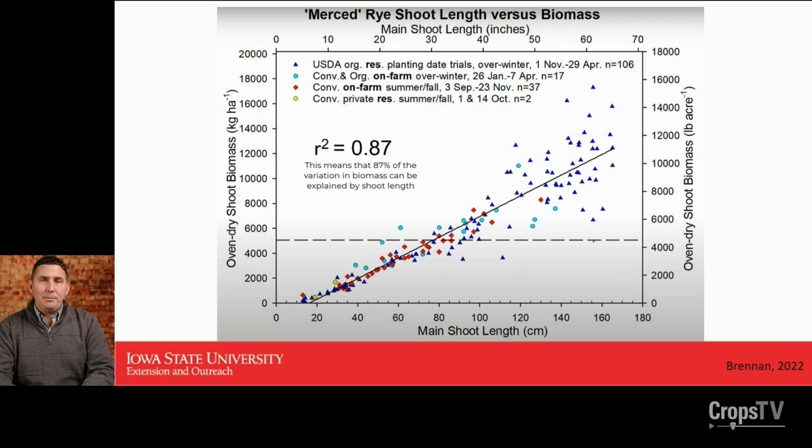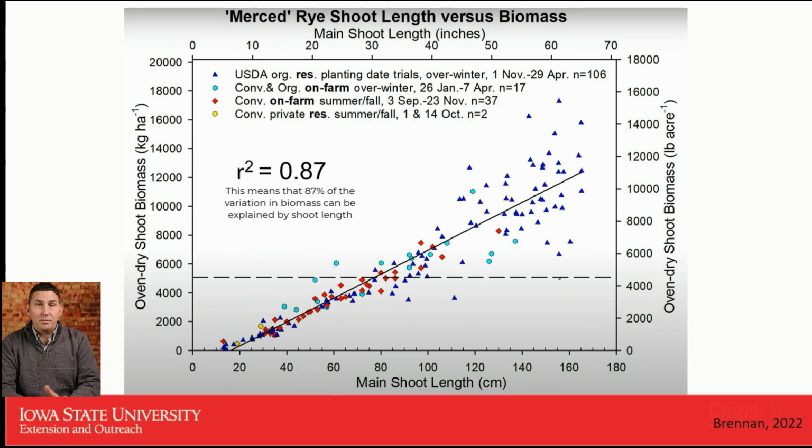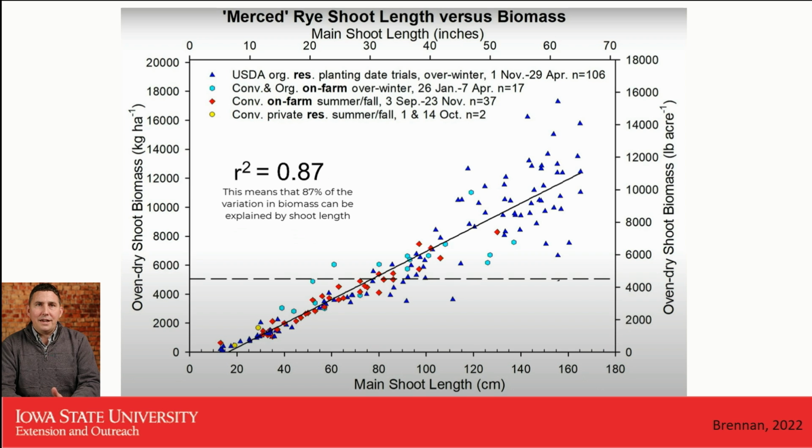And then the data behind this, I know this is a slightly bigger, busy graph. It has both the English and the metric units on it. The English units for the main stem length are on the top part of the graph in inches, and then the pounds per acre for above ground biomass are on the right-hand side. The data that he was collecting was all using Merced rye.